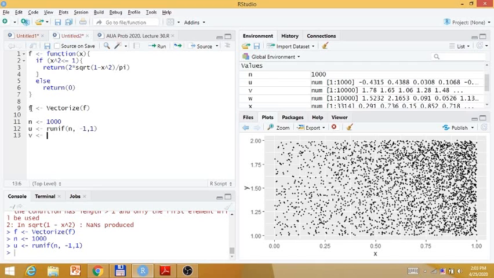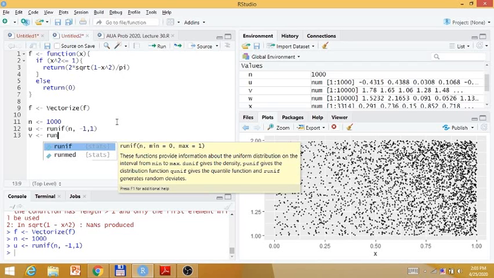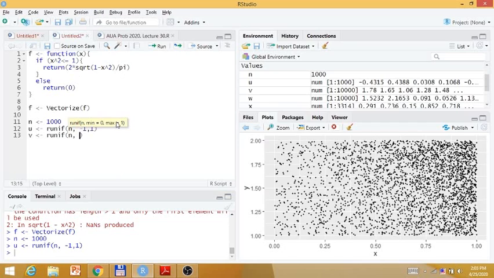V is from 0 to M. M is the maximum, and the maximum value will be at the point when x is 0, so the maximum will be 2 over pi. So I will generate n uniform numbers from 0 to 2 over pi.